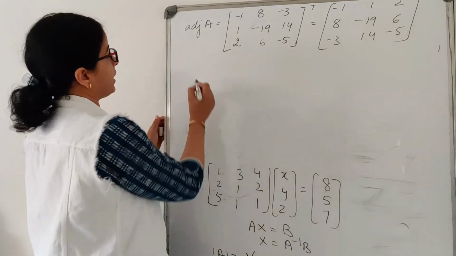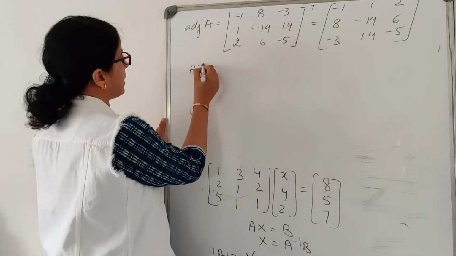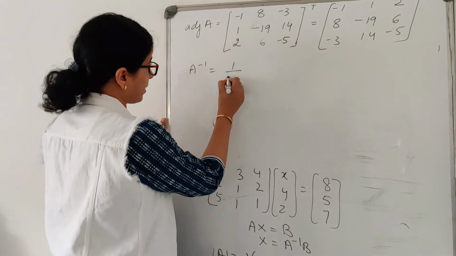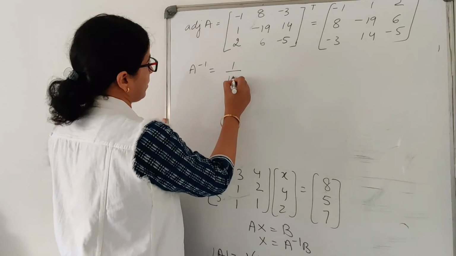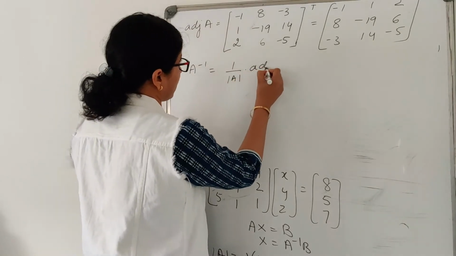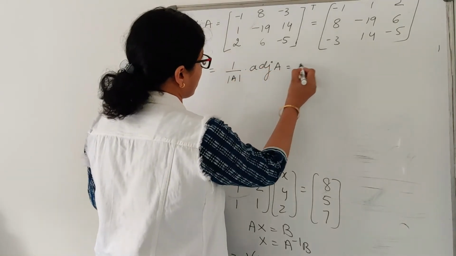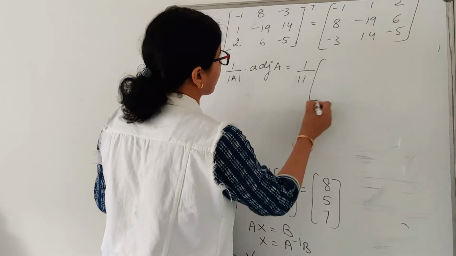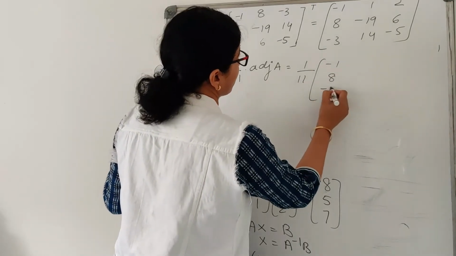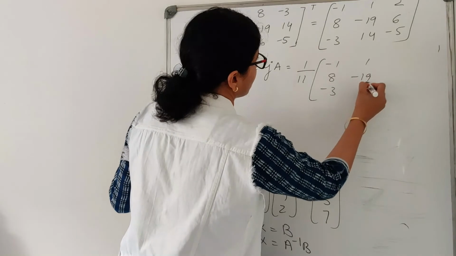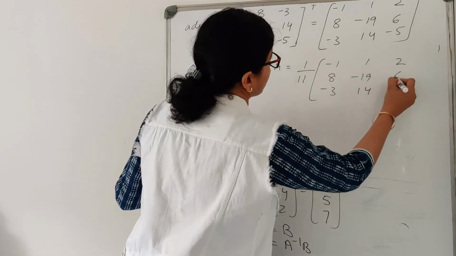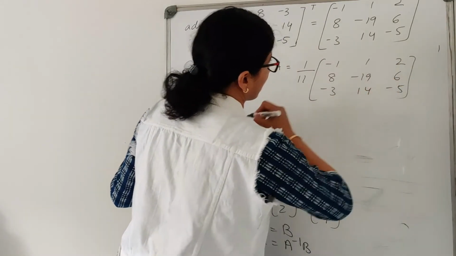Now I will find the A inverse. So what is my A inverse? A inverse is 1 by determinant of A into adjoint of A. So it is 1 upon 11 times minus 1, 8, minus 3, 1, minus 19, 14, 2, 6, minus 5. Okay.